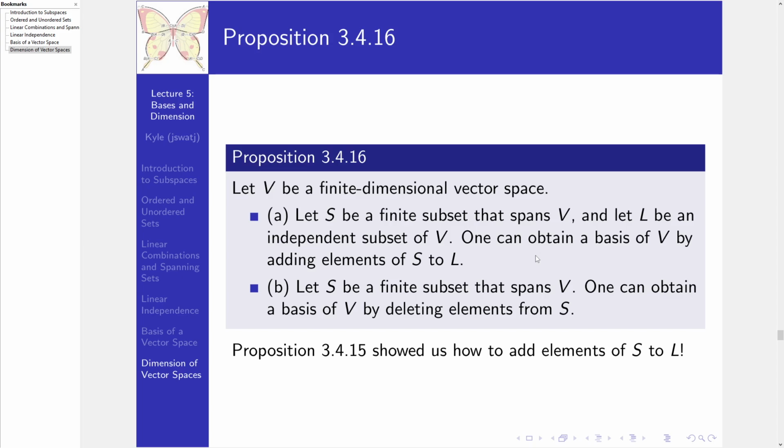So let V be a finite dimensional vector space, and S be a finite subset that spans V. And let L be an independent subset of V. Then you can obtain a basis of V by adding elements of S to L. So basically L is this independent set, and it will be smaller than whatever the basis is.